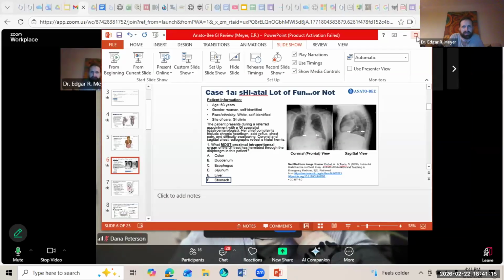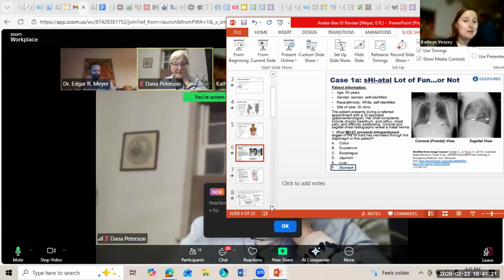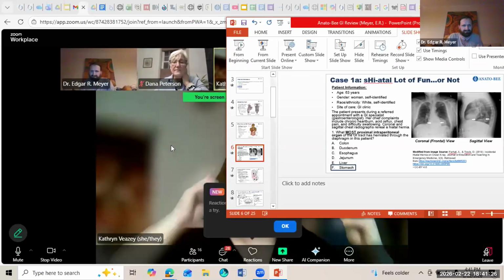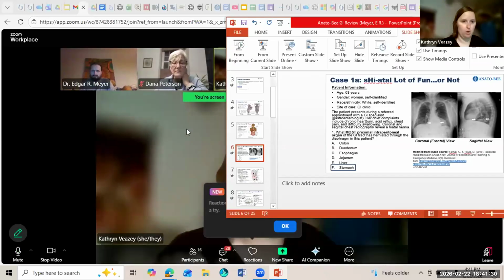Okay, I think that might have fixed it. Edgar, another thing you could try, on your device, if you've got an audio output coming in, mute that so that your microphone's the only thing that's on.